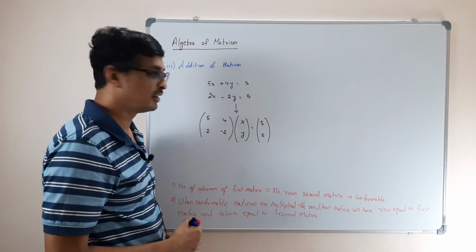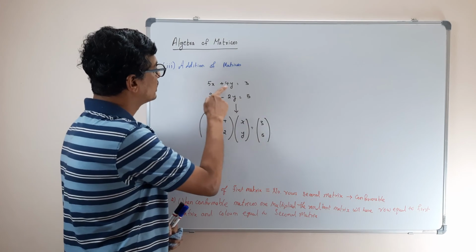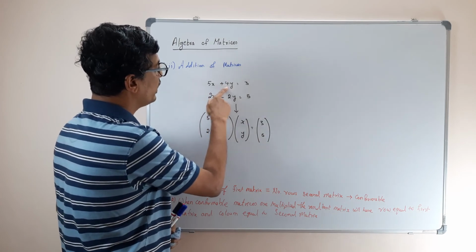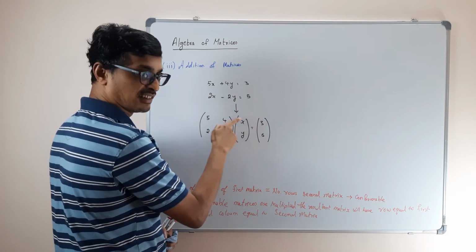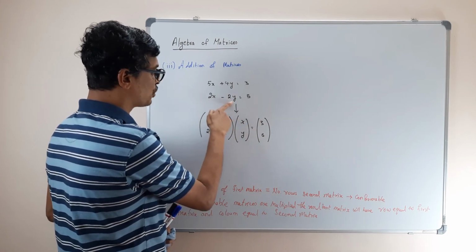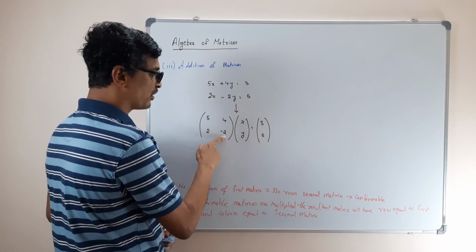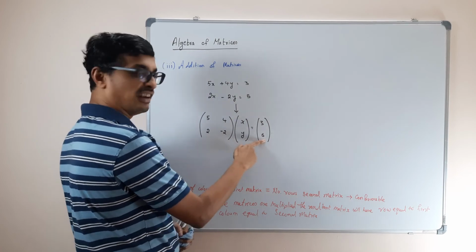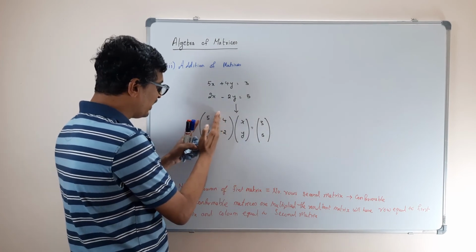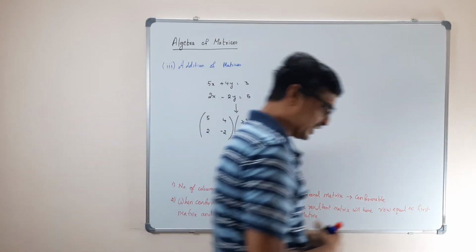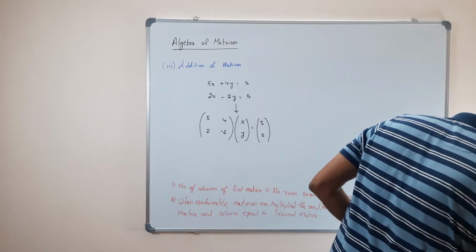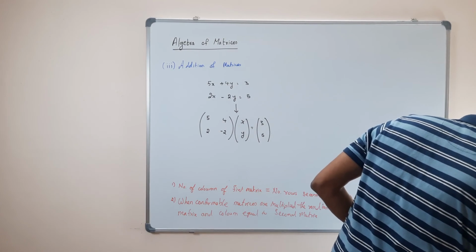So what happens? This is going to become 10x, 8y equal to 6. So 10x, 8y, 6. This will be 4x, 4y, 10. 4x minus 4y, 10. So I can equally take the whole 2 commonly outside. You got it? So that's what you call scalar multiplication of a matrix.